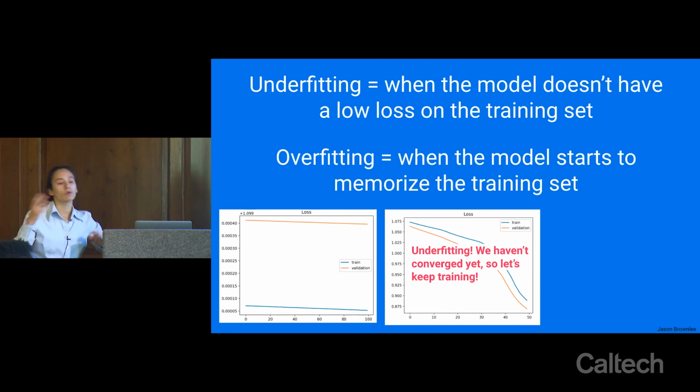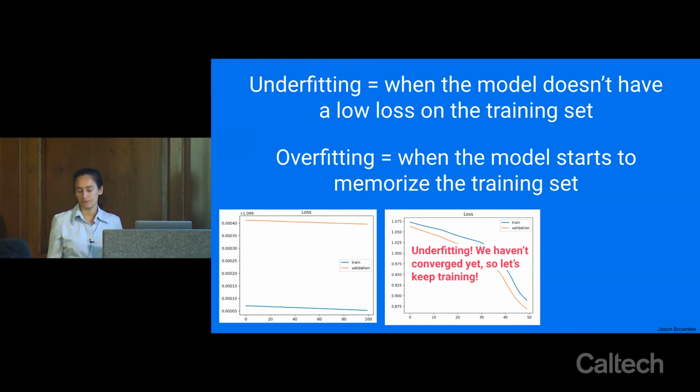Or maybe sometimes your training set is more representative of it. It really depends on how well your data set looks like the underlying distribution that it's trying to learn. If the validation set is a lot cleaner with respect to the underlying distribution, then you might get a better validation loss. Does that make sense?